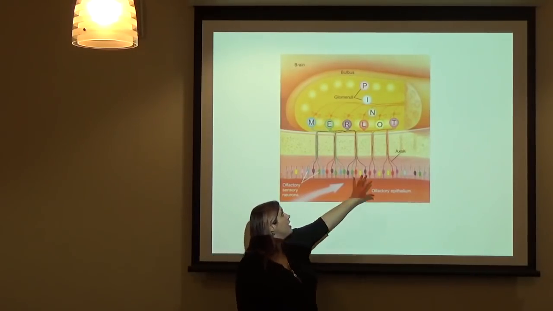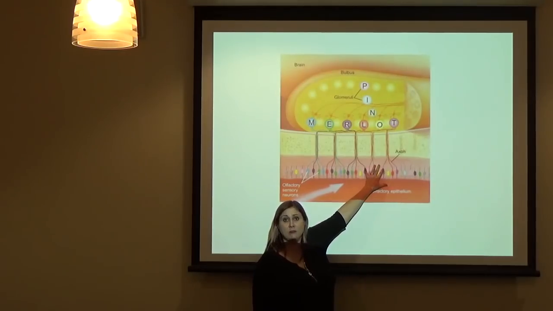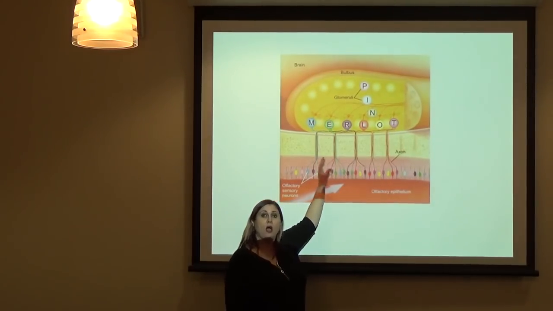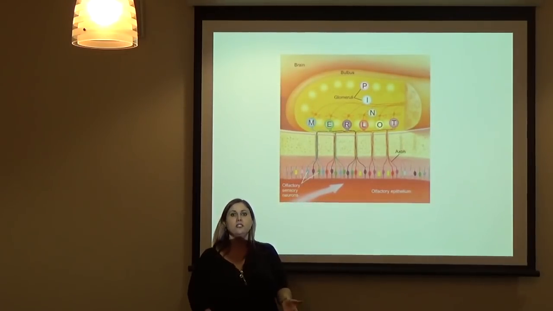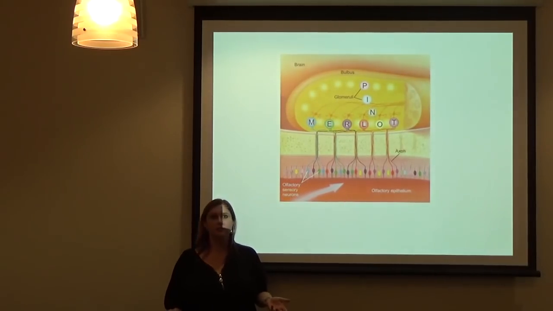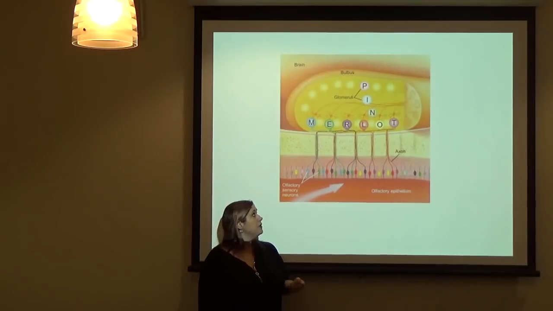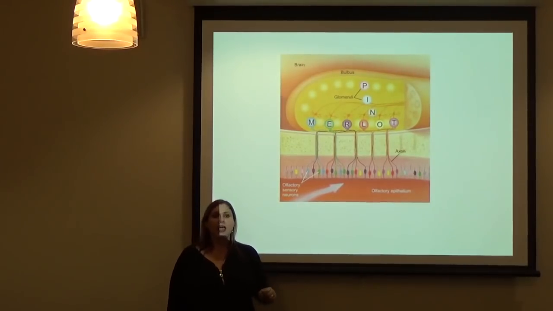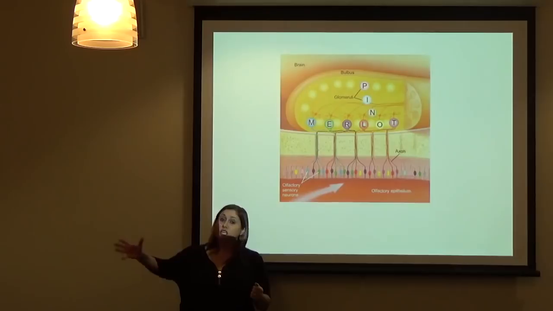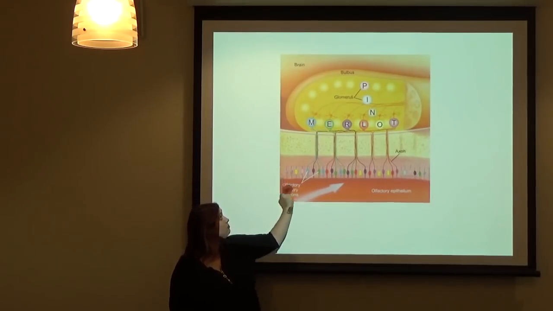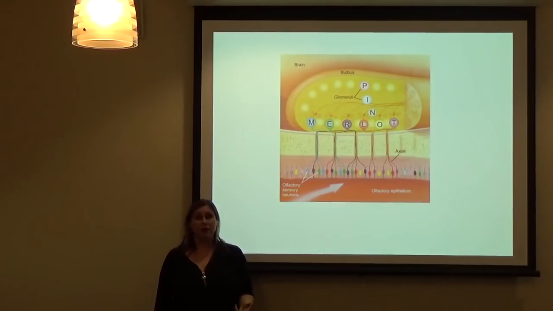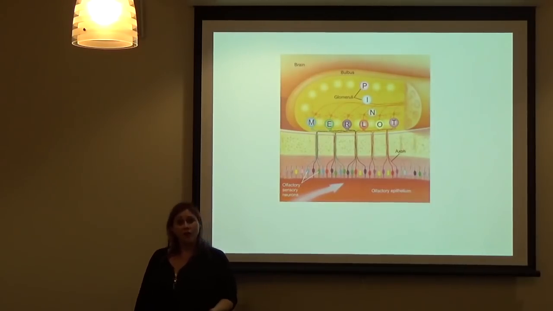It's going to share some of the same glomeruli, but also activate other different ones, and that's how you tell the difference between two different tastes. So steak is going to have one pattern of activity, and cheese is going to have a different pattern of activity, and all the different smells make different patterns of activity in the glomeruli, and that's how you know what the different smells are.